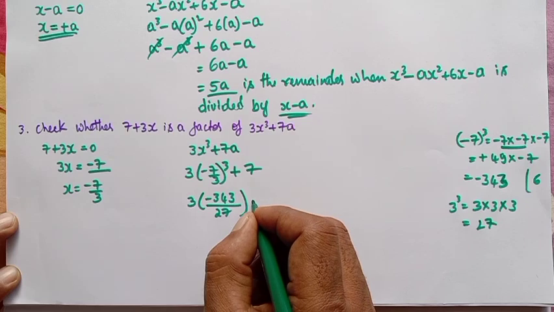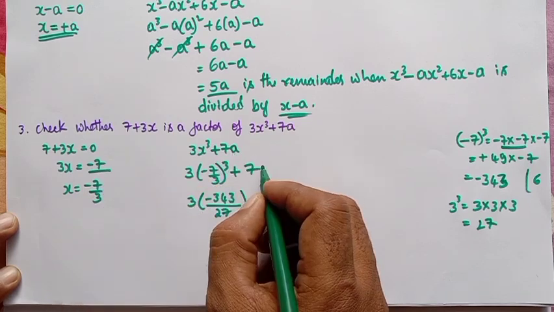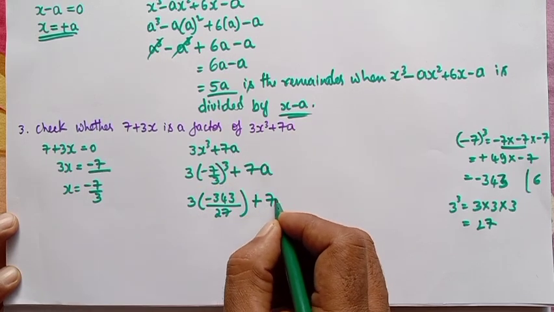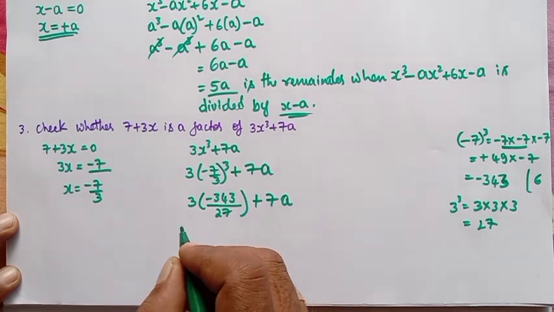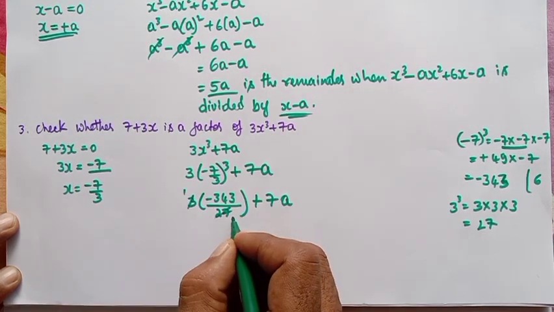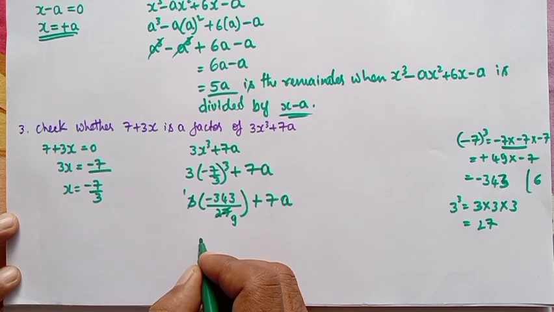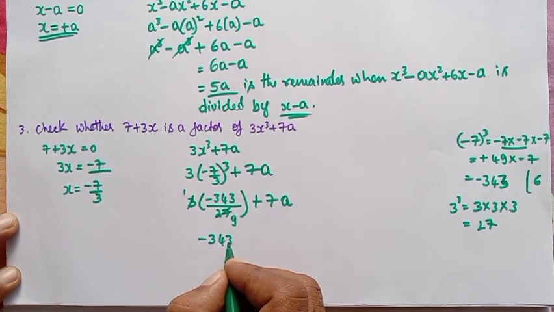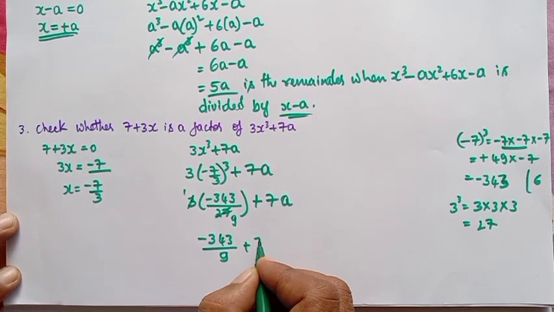So 3 into minus 343 by 27 plus 7a. 3 1s are 3, 3 9s are 27, so minus 343 by 9 plus 7a.